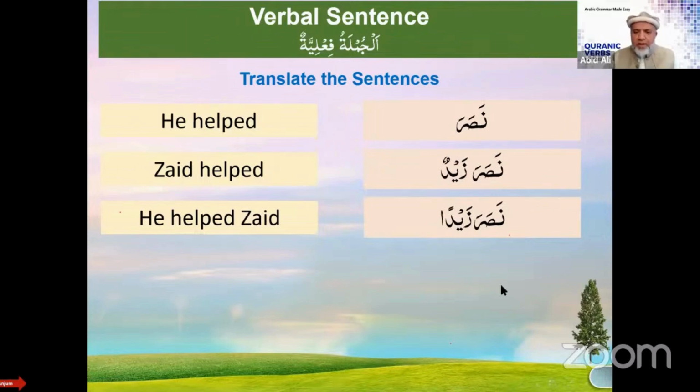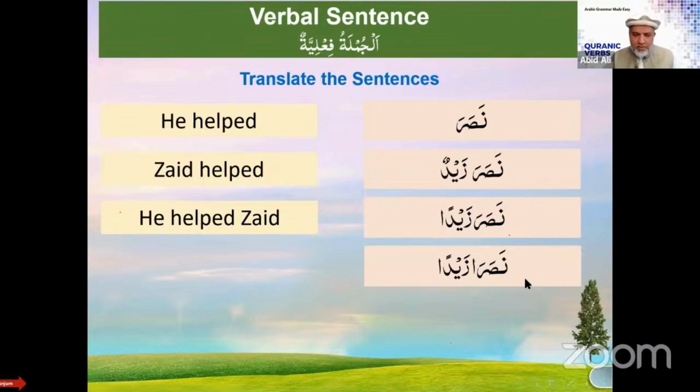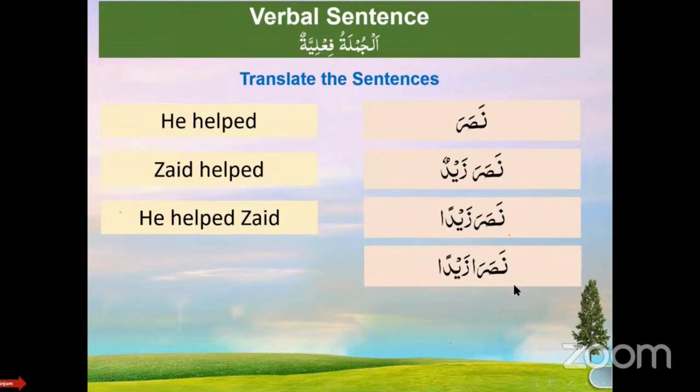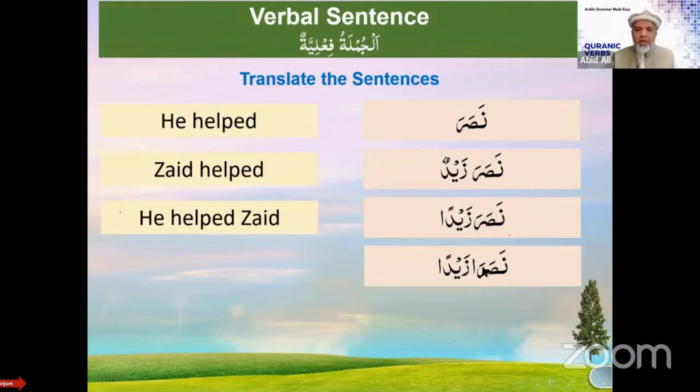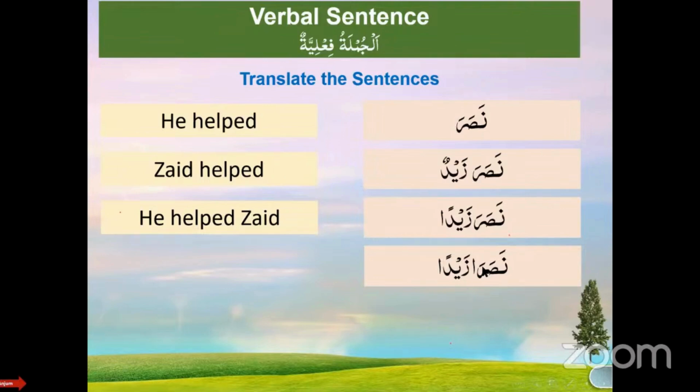Yes. Look at this one. Let's take a look at, and I need a sister for this one. Nasara Zaidan. Any hands from the sisters? Okay, Sister Homa, what is this? So Nasara is the... they helped Zaid. How many? It's not they, two. They two helped Zaid. Two male or female? Male. Okay, good.